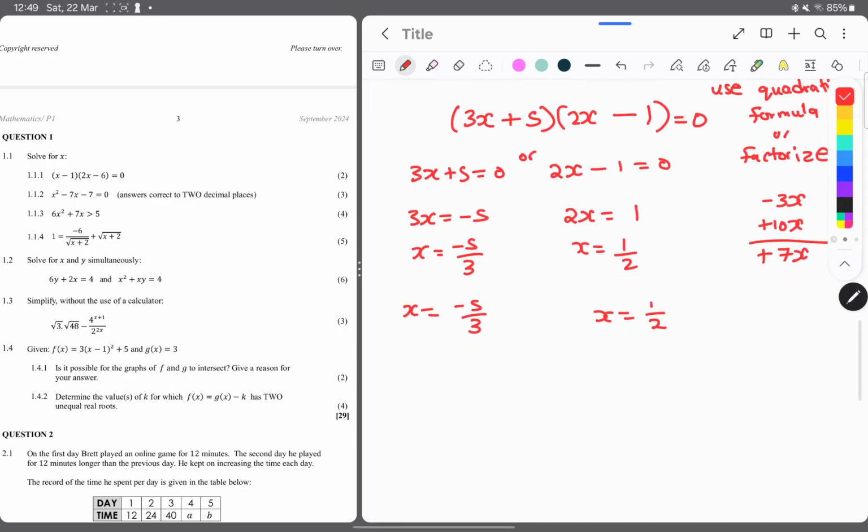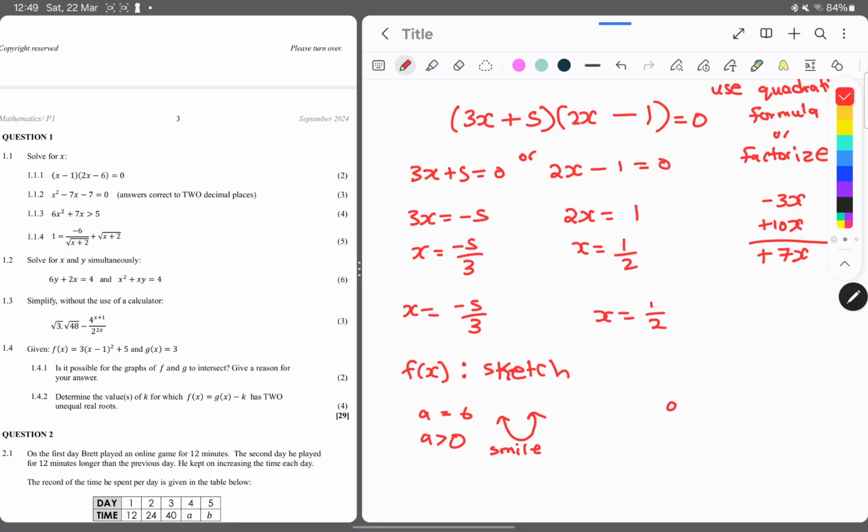From this, remember, your f(x) is a parabola, which means that we have to do a sketch, right? We must sketch. We notice that a is equal to 6, which means that a is greater than 0, therefore the graph will be smiling, right?